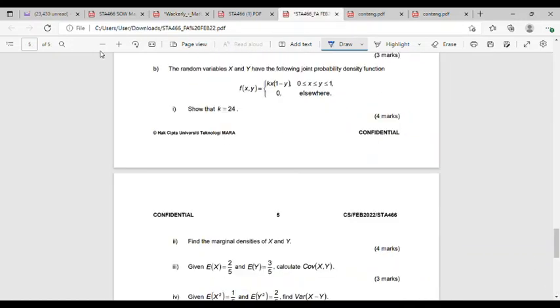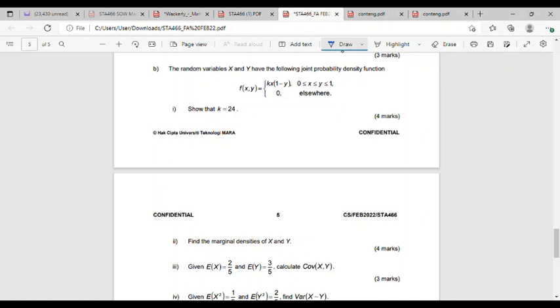Alright, so try. Okay, we look at this example from the past passing paper, February 2022. The random variables x and y have the following joint PDF, which is kx(1 minus y), x from 0 to 1, but there is a restriction, it is less than y.